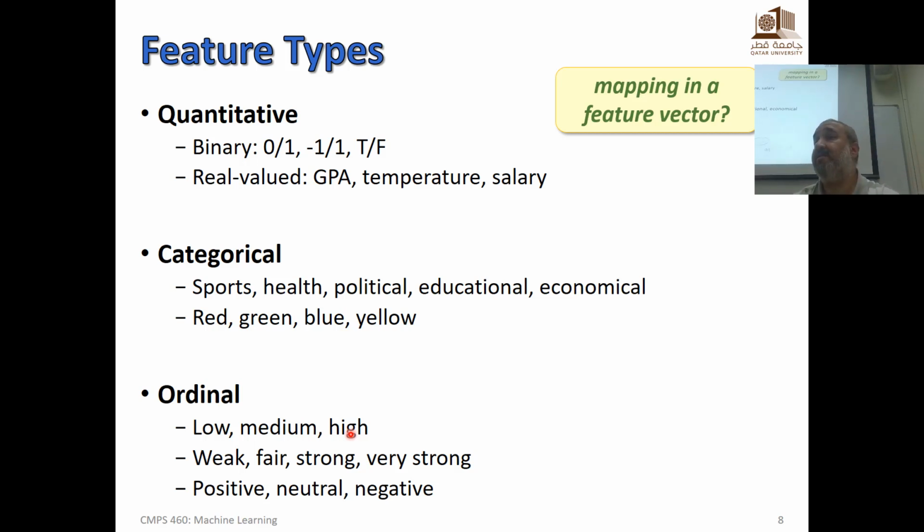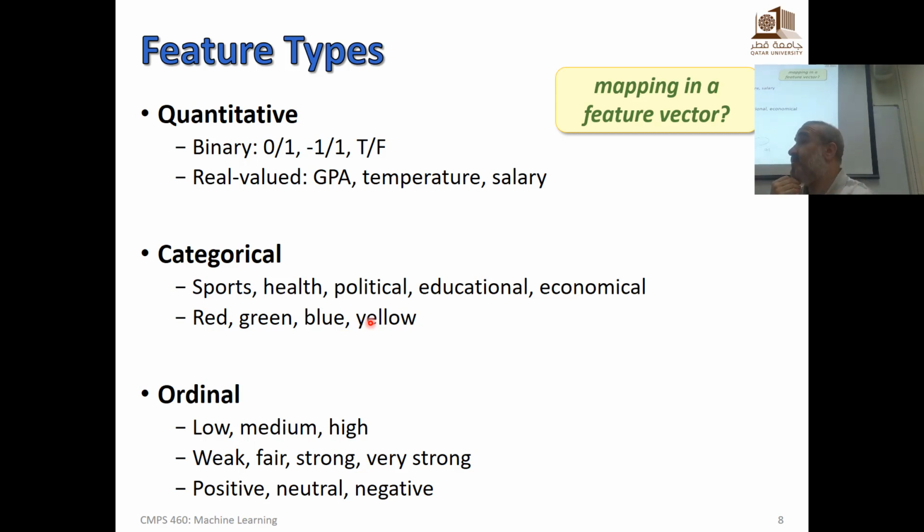How about categorical? Can we do the same with categorical? For example, can we assign 1 to red, 2 to green, 3 to blue, and 4 to yellow? Theoretically we can, but is that good or bad? Why is that bad?